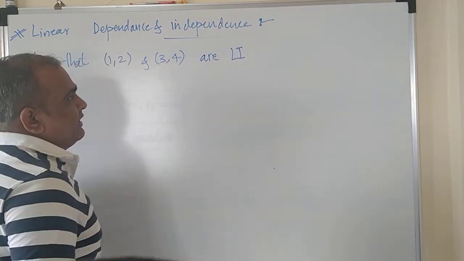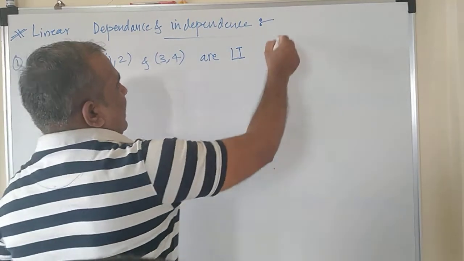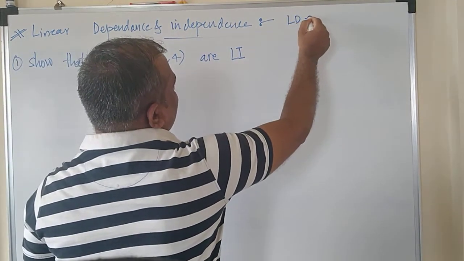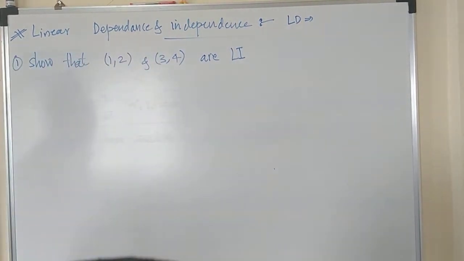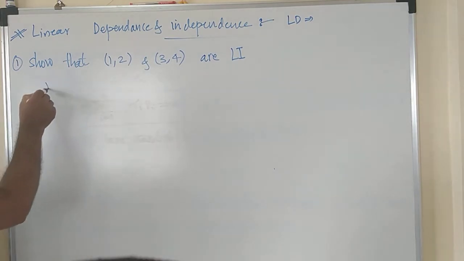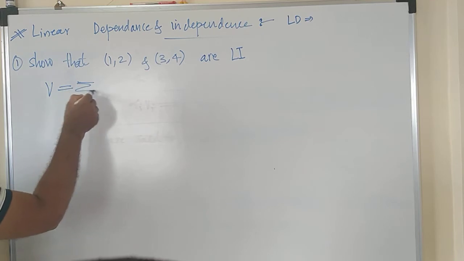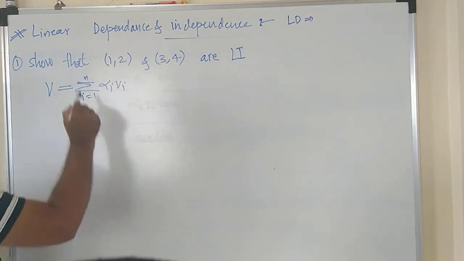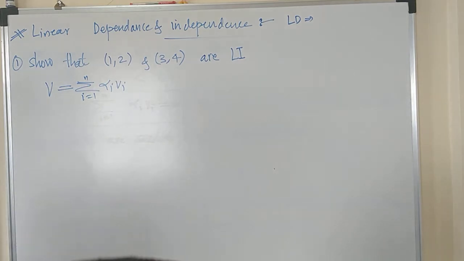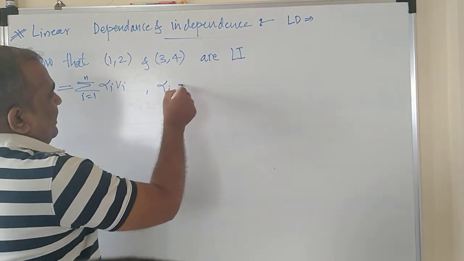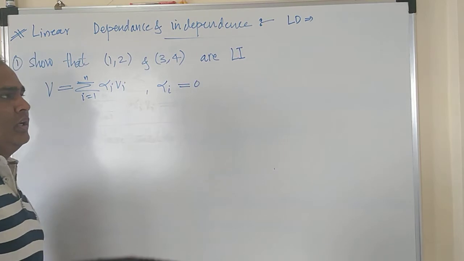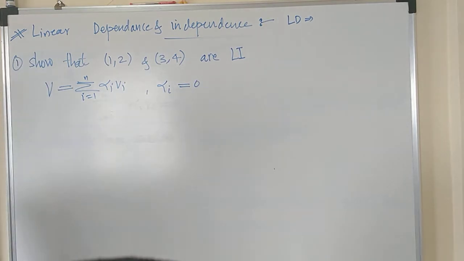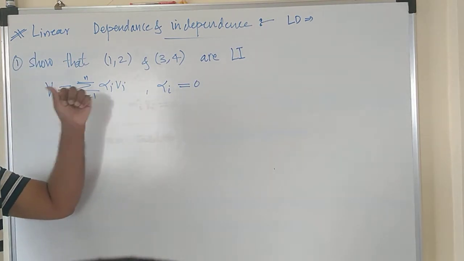Let us indicate LI, that means linearly independent, and LD, that means linearly dependent. Linearly independent means what? The condition is that V equals summation of alpha i vi, where i runs from 1 to n number of vectors, wherein all alpha i equal to 0. If the values of alpha are 0, then the vectors are said to be linearly independent.